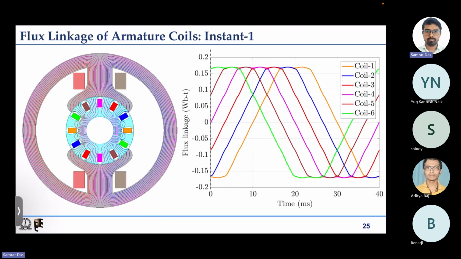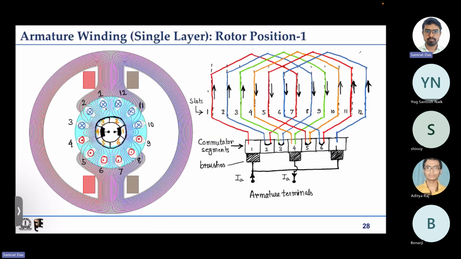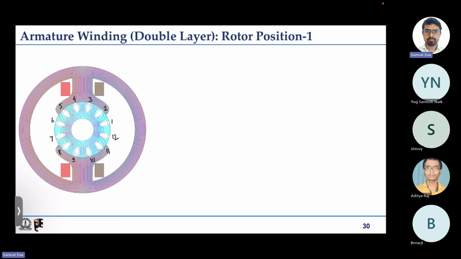So to understand that better, we understood the armature winding, how it is done. We understood the commutator, and how the commutator brush arrangement works. I am not going to discuss that in detail in this lecture, because we have already spent some time discussing that.